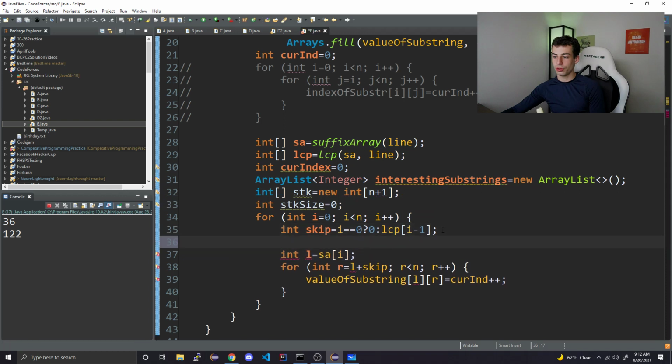Okay, so stk size equals math.min of stk size or skip.